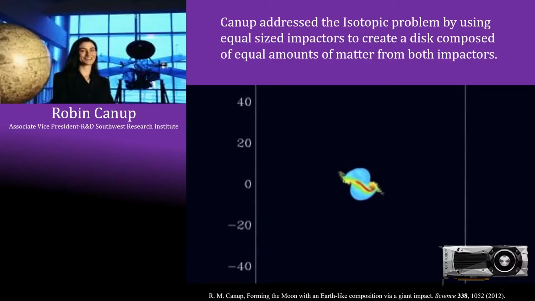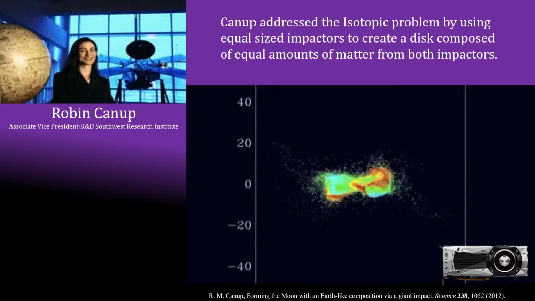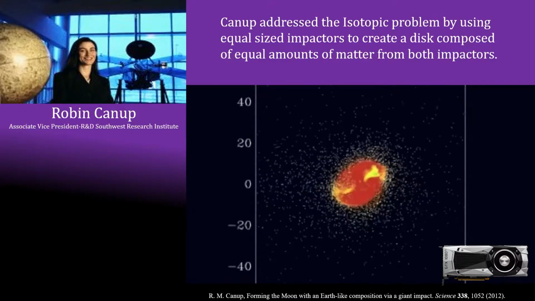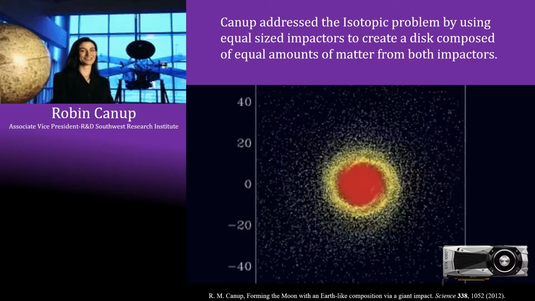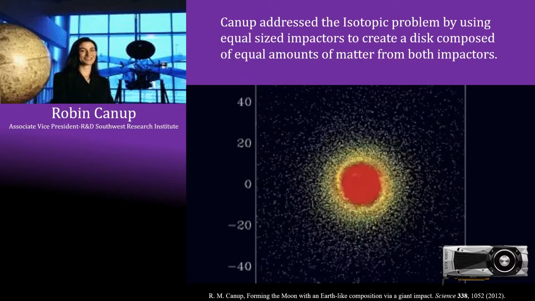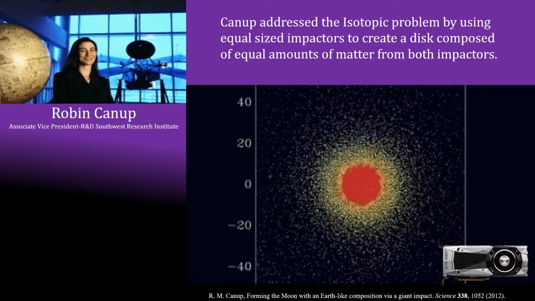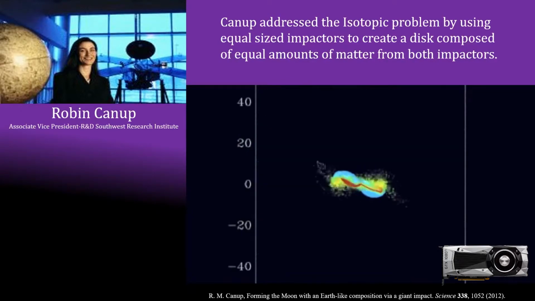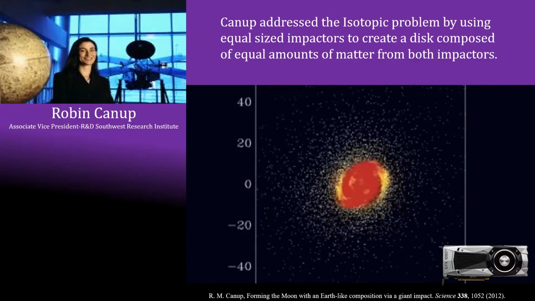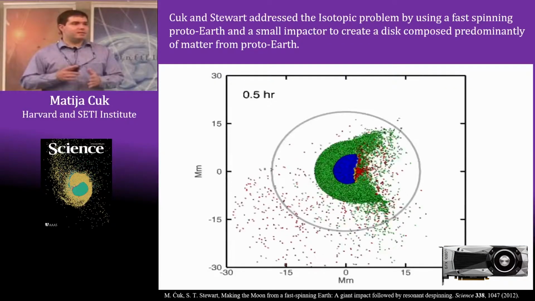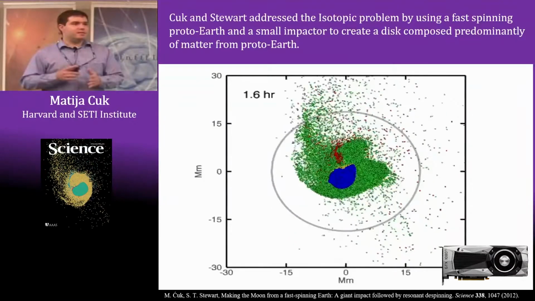So here's how Canup addressed the situation. She produces an impact where both impactor and target sling off enough equal amounts of material, and then that material is what creates the moon. And this is what Harvard did.